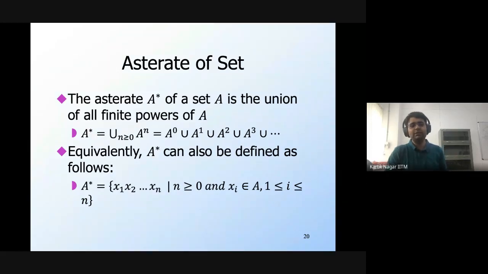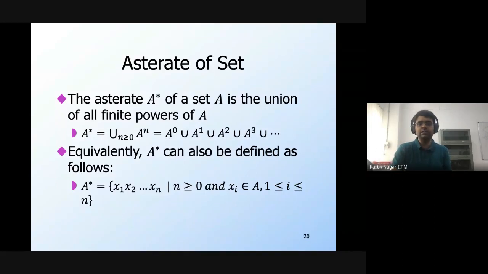And this is done for any arbitrary n and for any arbitrary collection of strings from A. So we can say that A star is equal to the set of strings x1 concatenated with x2 up to xn, where n is some positive integer, and these xi's are obtained from A. All of the xi's are obtained from A. So you pick all possible strings from A, join them together, and you get A star.